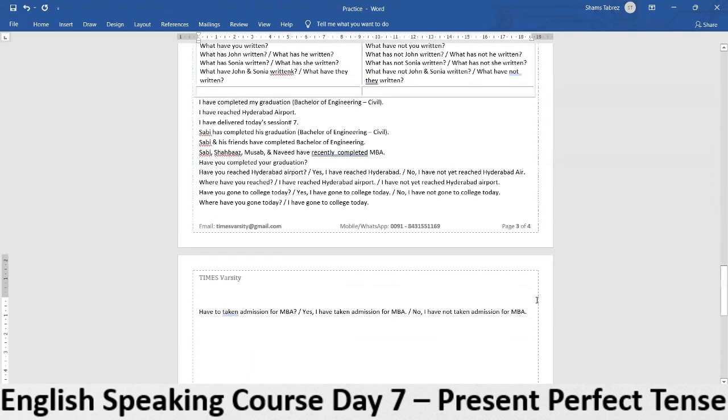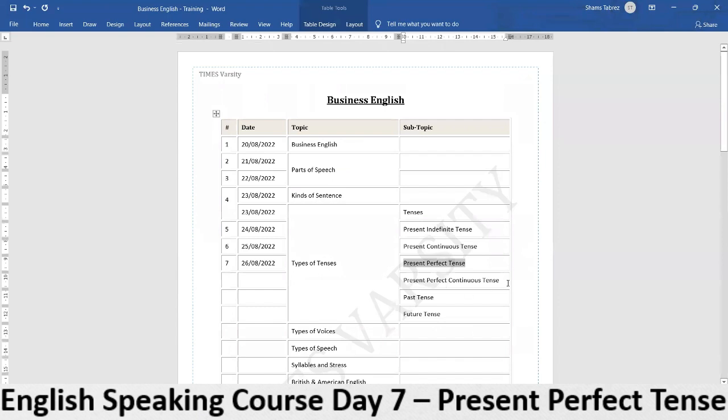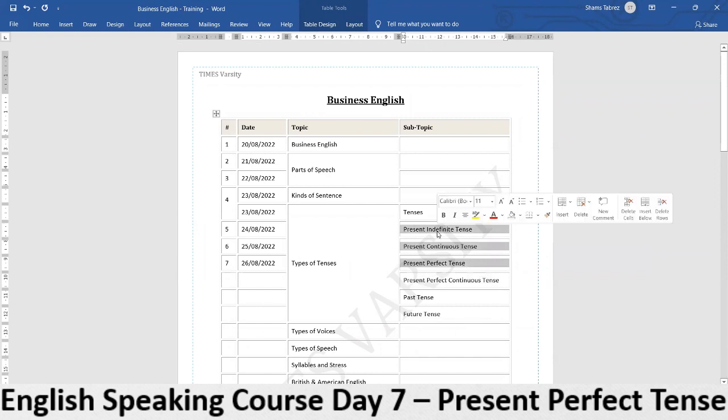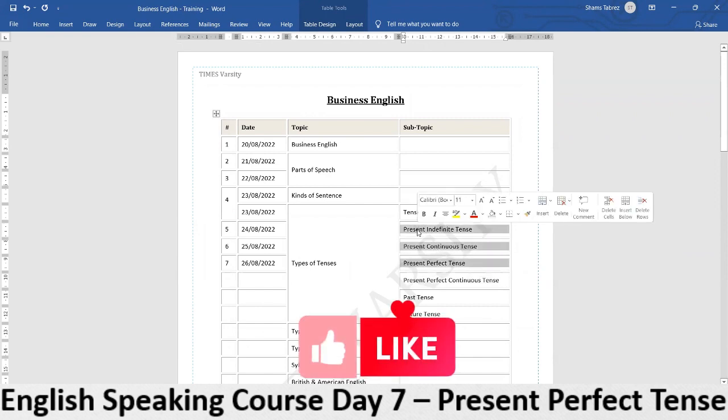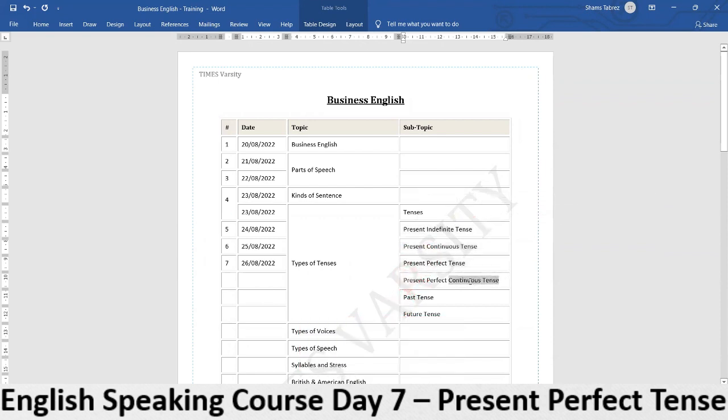Okay, all right. So any question before we conclude today's session? Tomorrow we will discuss the fourth in the present tense, that is present perfect continuous. If we have a good understanding of present indefinite, present continuous, and present perfect tense, then it will be easy to understand present perfect continuous.